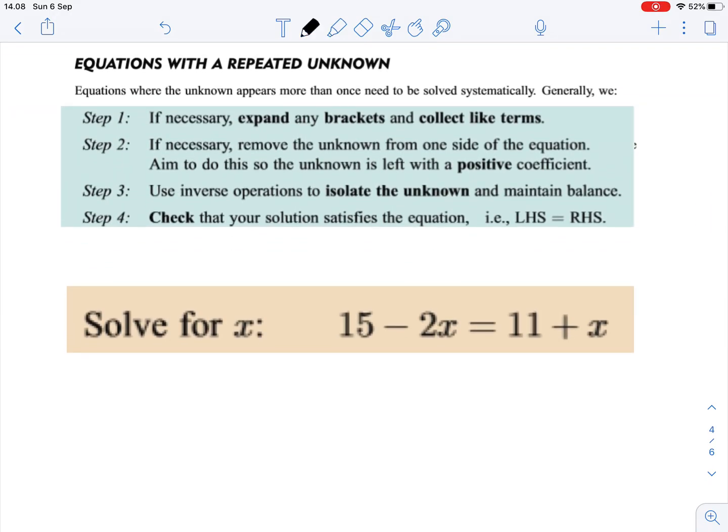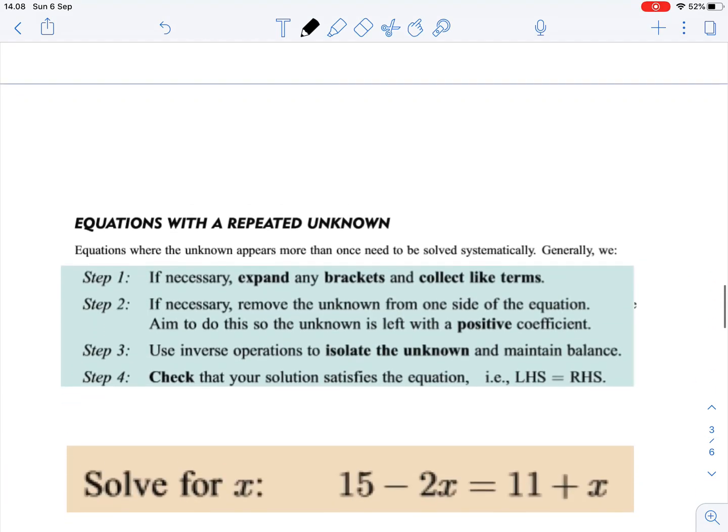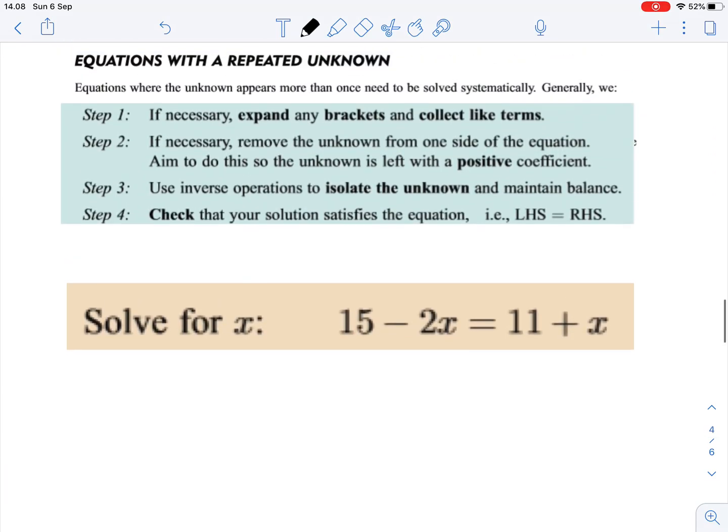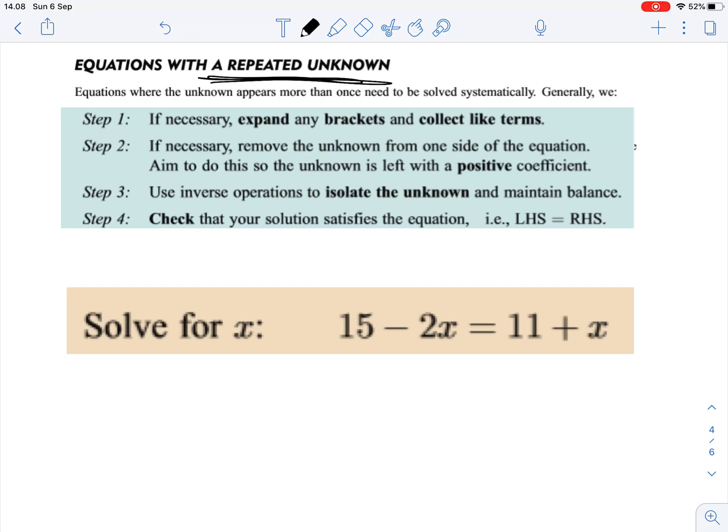Now, that's using the simplest case. Let's say that we have an equation with a repeated unknown. That is to say, notice in this equation that we have unknowns on both sides of the equal sign.